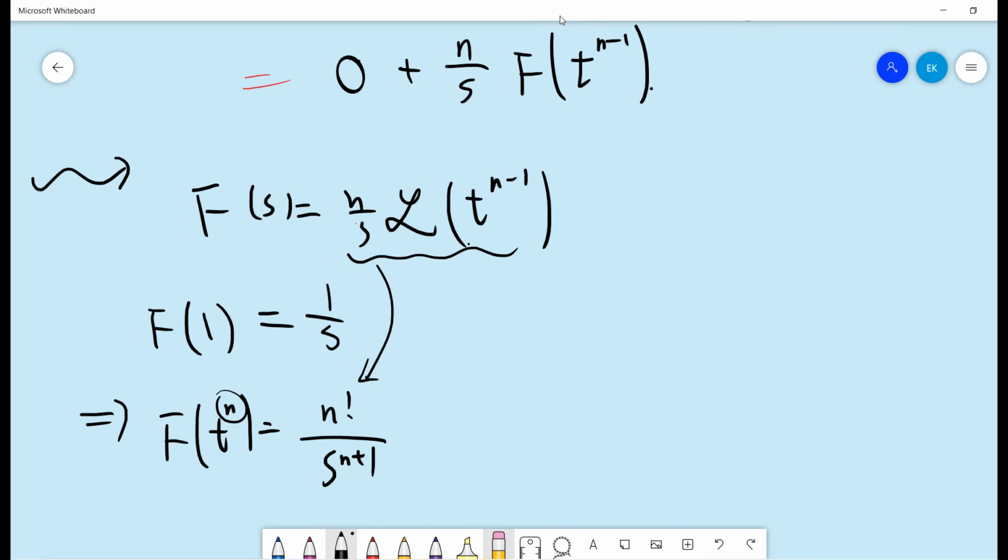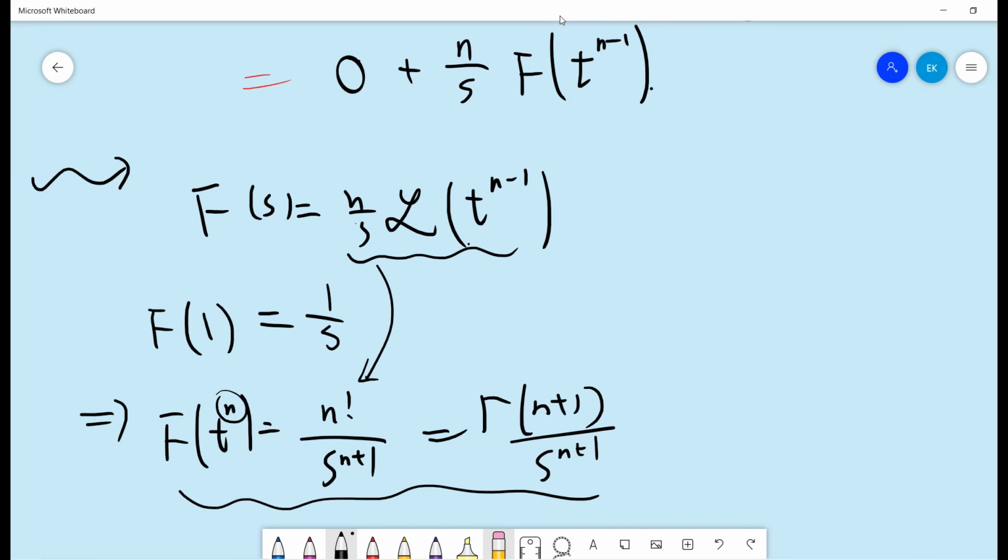So you get it. Okay, another technique is just written as this. Okay.